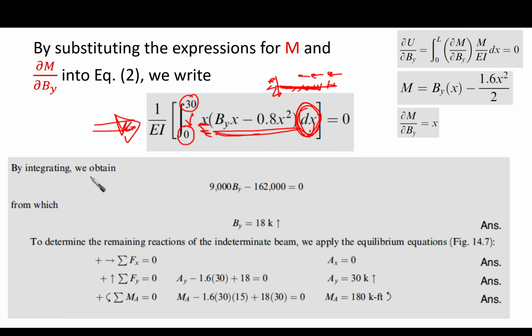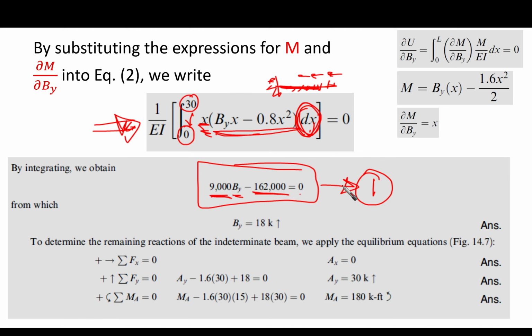So by integrating, we can obtain that this is going to be 9,000 by minus 162,000 equals 0. This is the main equation, which has one unknown only, which is by, in one equation, so we can obtain it easily. We can obtain by easily, which is 18 k, and it is heading up because it is positive.